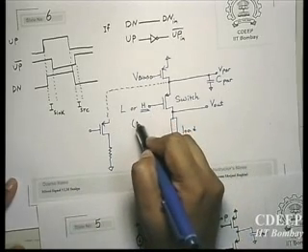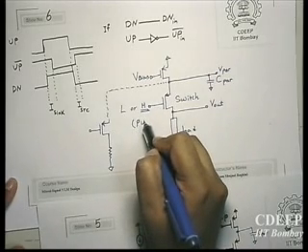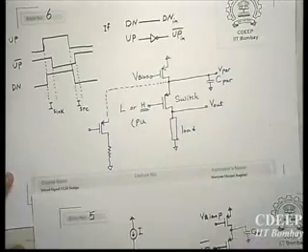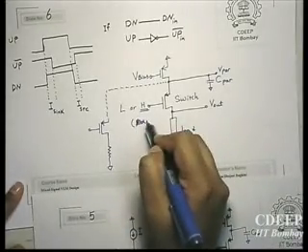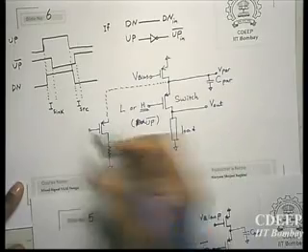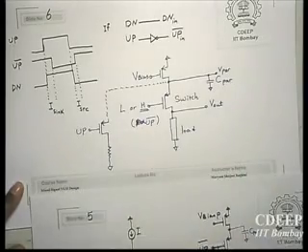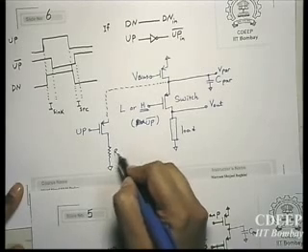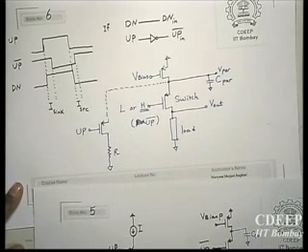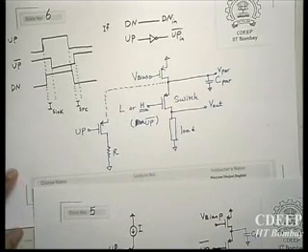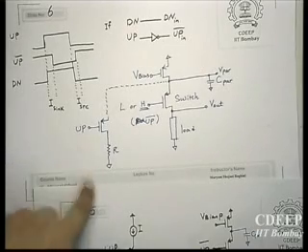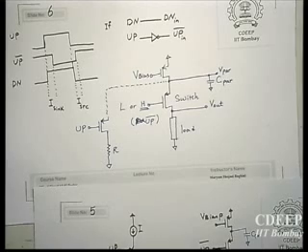For example, if it is up bar, this will be up. So now when up is low, that will help this current source to continue feeding the current, and therefore the current source won't turn off.